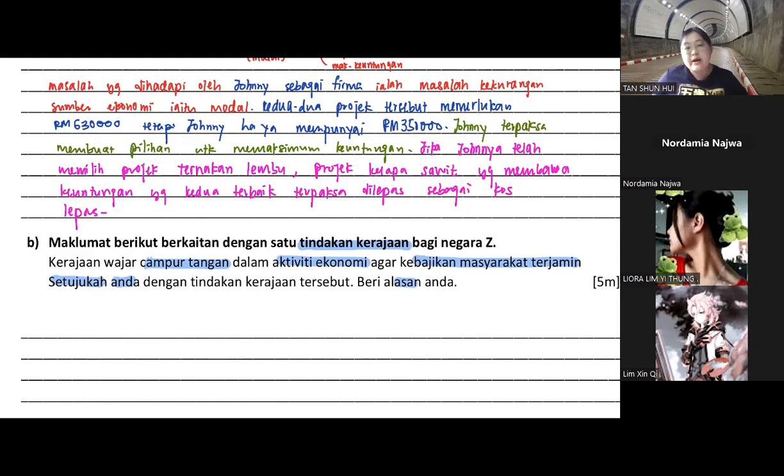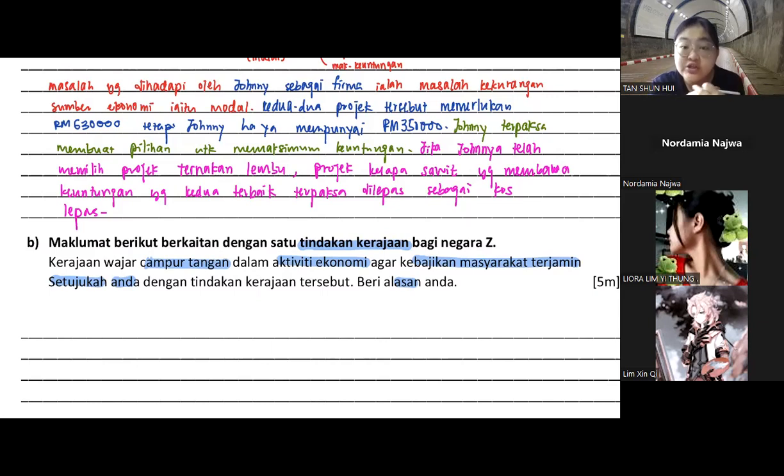Now, this one, if you are in Form 4, this would be a KBAT question. But in Form 5, it's no longer KBAT. Why? Because in Form 5, chapter 1.1, you learn about peranan kerajaan, right? From there, you know why the government wants to campur tangan, and whether campur tangan can actually help us to menjamin kebajikan. Yes, it can.